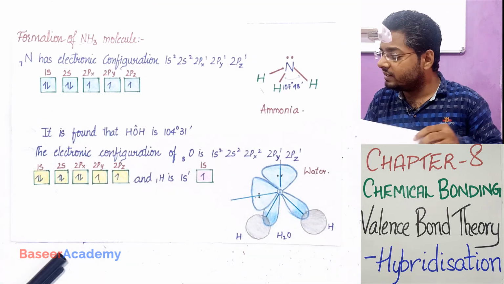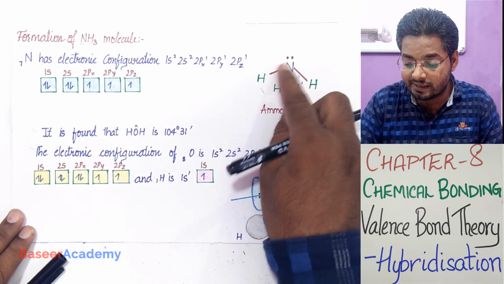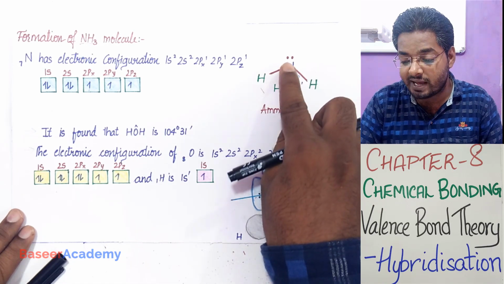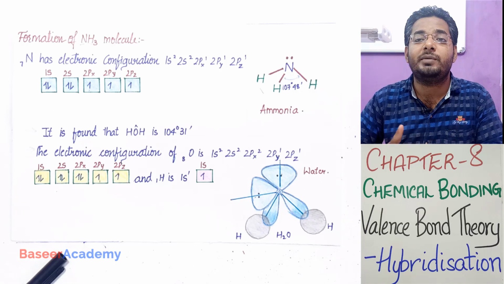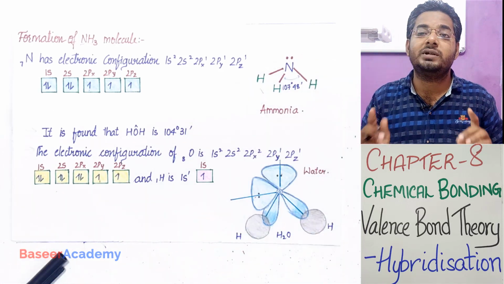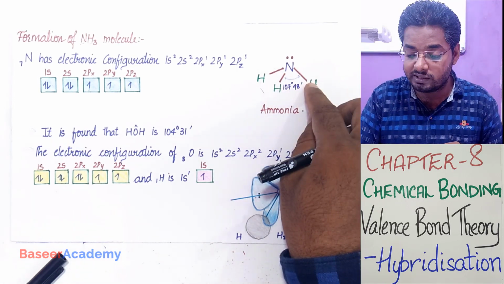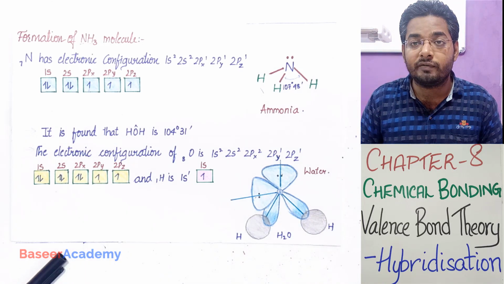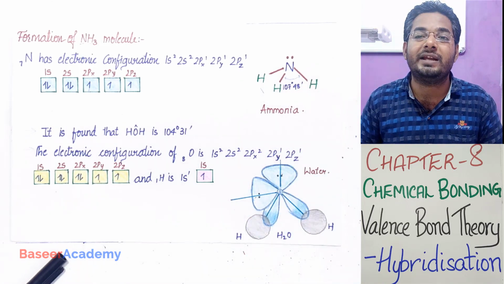But from the valence shell electron pair repulsion theory, we saw that if the central atom has 3 covalent bonds and a lone pair of electrons, a lone pair being a pair of electrons not involved in bonding, then the bond angle should be 107 degrees 48 minutes.